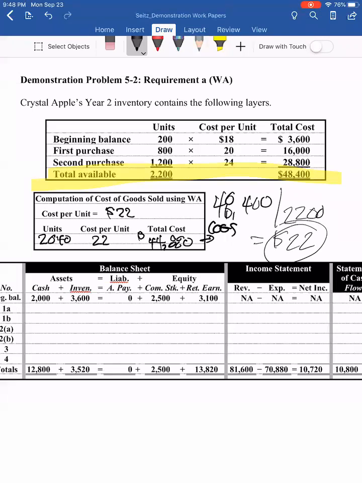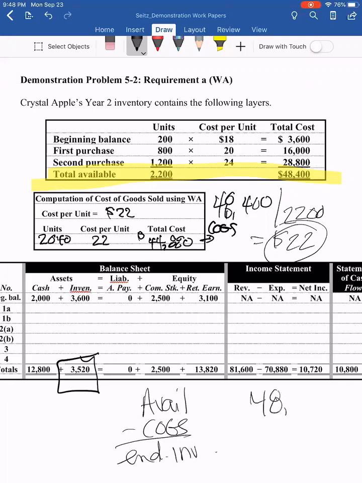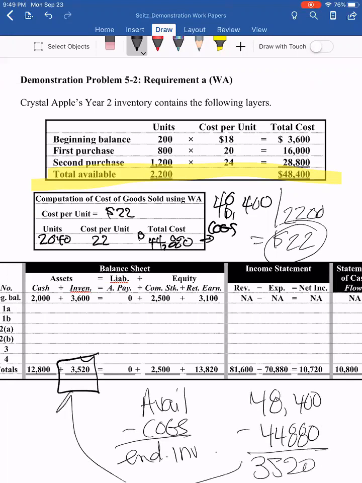If you do that, that means that it would leave you with an ending inventory of 3520. So remember, available for sale less cost of goods sold equals ending inventory. So 48,400 less cost of goods sold of 44,880. That would leave your ending inventory of 3520, which is what we have right here.